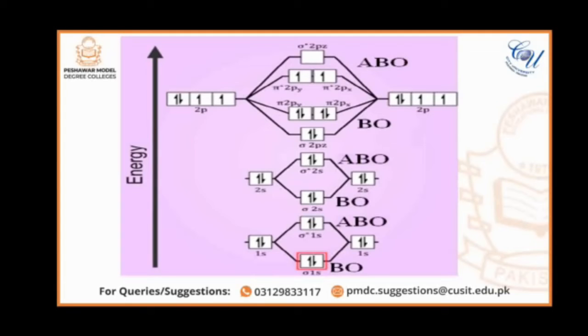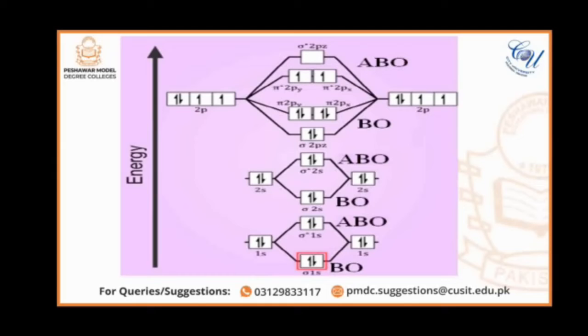Pi 2py and pi 2pz are degenerate, or we can say same energy orbitals. Pi star 2py and pi star 2pz are also degenerate anti-bonding molecular orbitals. And sigma star 2px is also an anti-bonding molecular orbital, of highest energy among the given orbitals.